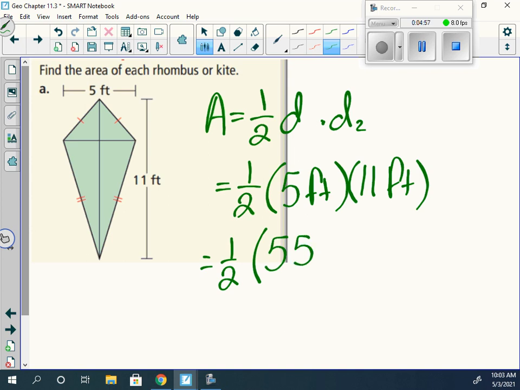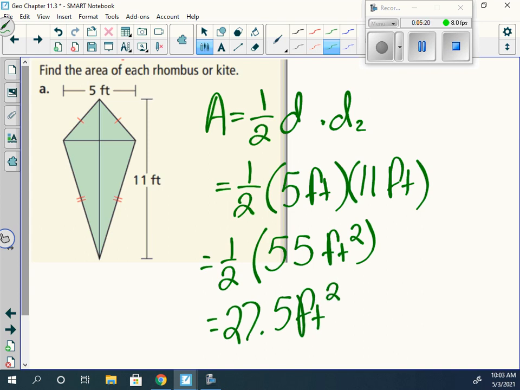Well, I have units with it, don't I? Feet times feet. Anything times itself is written as squared, so we can say that this is feet squared. Because we can treat the units as a variable because they are part of the measurement. Because we're multiplying feet by feet, which would give us feet squared. That's kind of the reasoning behind it.